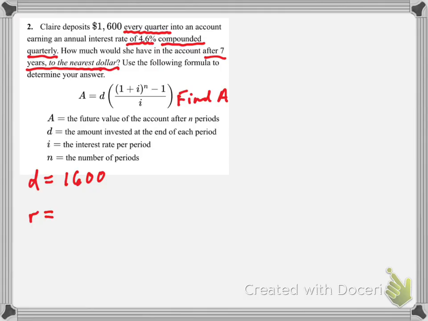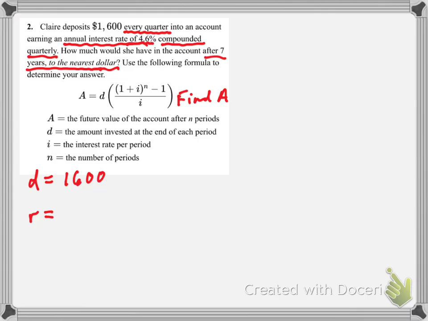Yeah, you could tell I'm doing this at home. Okay. So, what we need to do is convert the annual rate, because the annual interest rate is 4.6%. So I have to convert that to a quarterly rate.